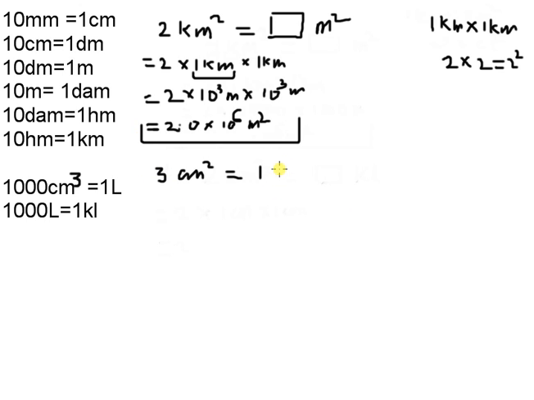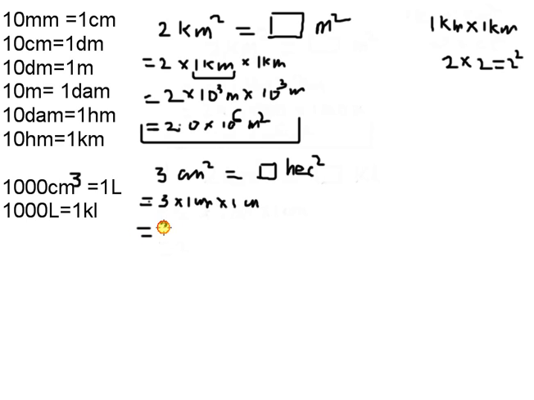I want to convert that into how many hectometer square it is. The same way I'll write 3 into centimeter square, which can be broken down into 1 centimeter into 1 centimeter.